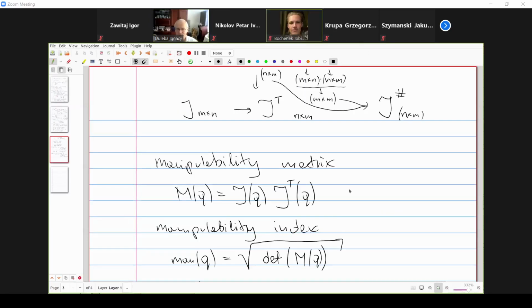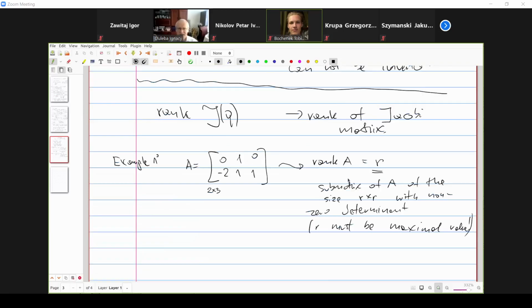Yes, for sure. Why? Because I select the maximum value from this. Okay, so the maximum matrix is 2 by 2. In robotics, we always have the number of rows smaller than or equal to the number of columns.